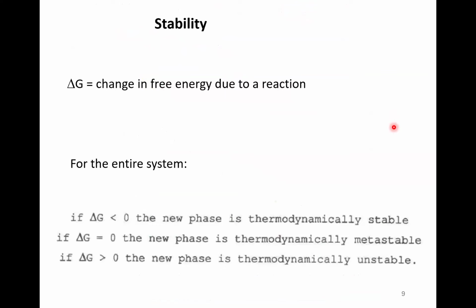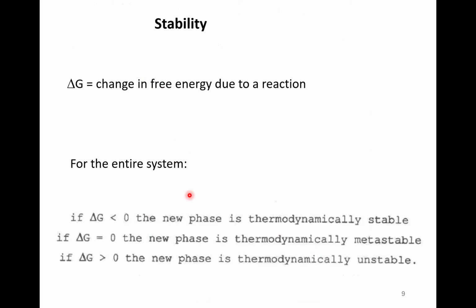So phase diagrams are all about stability. If you define delta G as the change in free energy due to a reaction, and that can be a new phase, you can say if that delta G is negative, the new phase is thermodynamically stable, it will exist.